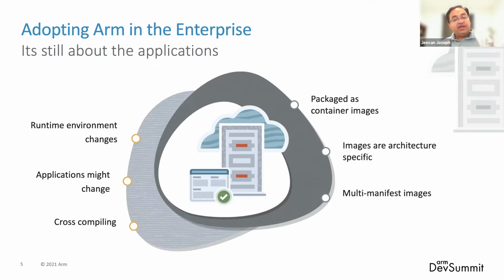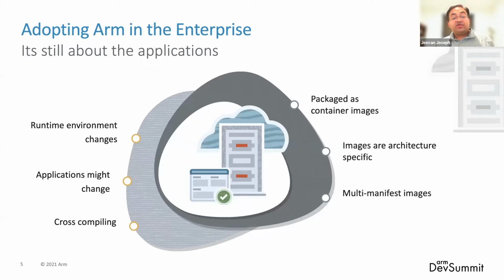To really evaluate the impact of introducing ARM to your server-side applications, you need to consider the changes that will usually be involved, right? It could include runtime environment changes, things like a different version or a different runtime for runtime languages like Java or Python.